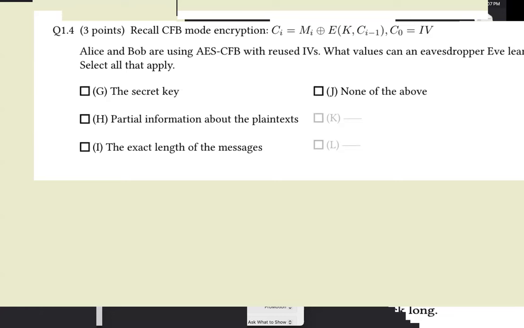So what you do in that case is you XOR them together and you just remove the bits of the encrypt block which were not important for you. You do that for the last block. So in this case, the exact length of messages will be leaked because you're XORing the message outside of what you get from the encryption algorithm.